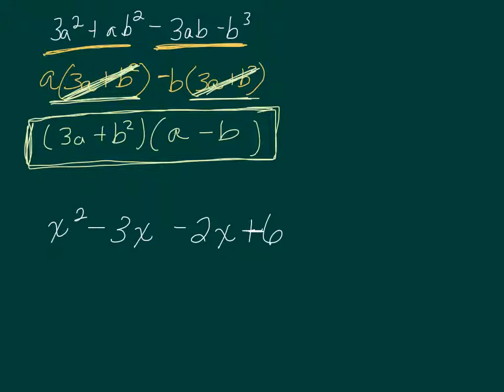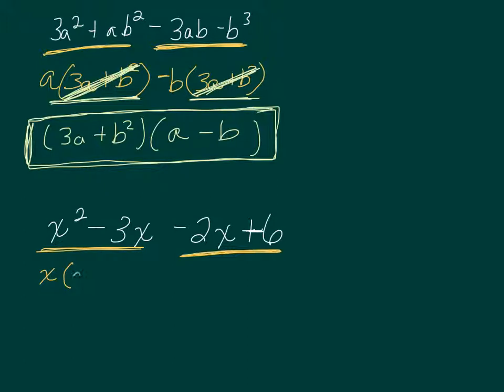All right, I notice that I don't have any common factors, so I can start to factor by grouping. I'm going to group the first two terms together. I'm going to group the last two terms together. In the first group, I notice that I have an x that's in common. I had two x's in the first term.